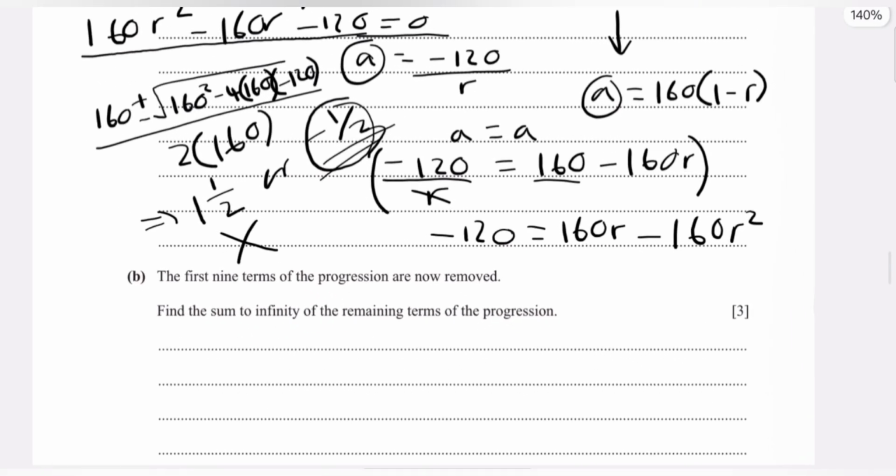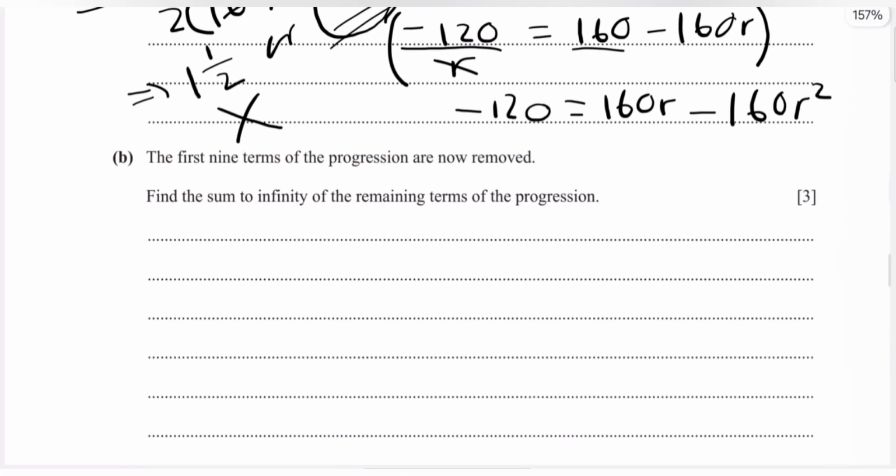And for part B, the first 9 terms of the progression are now removed. Find the sum to infinity of the remaining terms of the progression. We're removing the first 9.